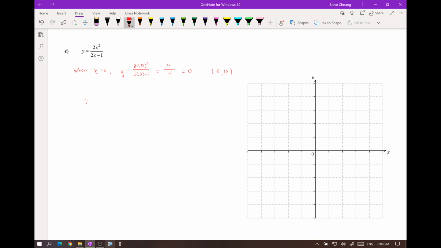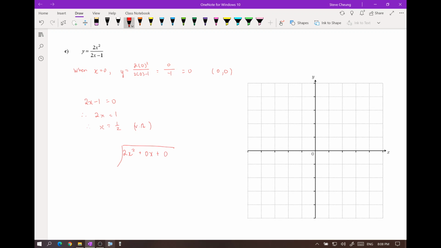Now, for vertical asymptote, set the denominator equal to 0. So therefore, this will be the equation. For horizontal asymptote, because the degree on the top is bigger than the bottom, again, we've got to use long division.